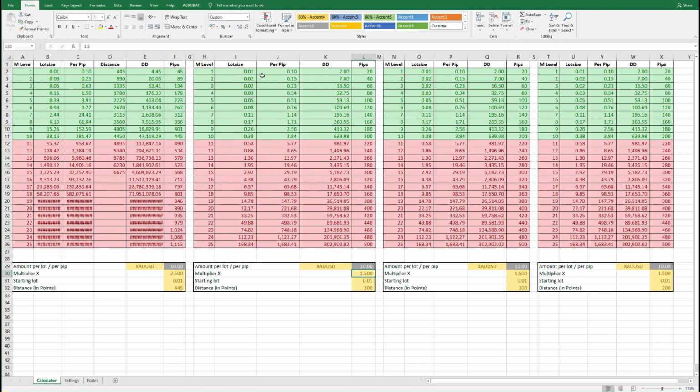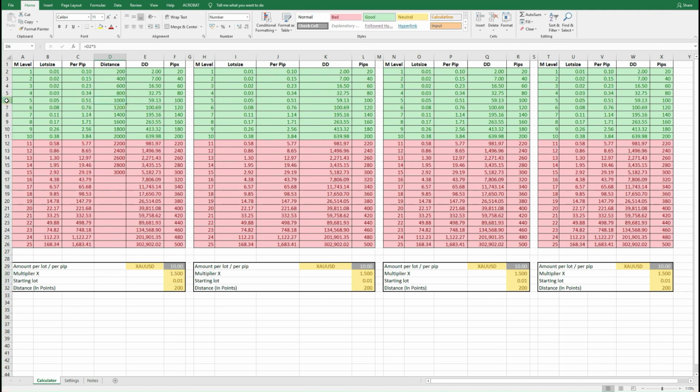$10 move, that means your distance should be... I can't, because I didn't have this distance set here as well. So let's see, $10 move will be here. This is what you'll be looking at.